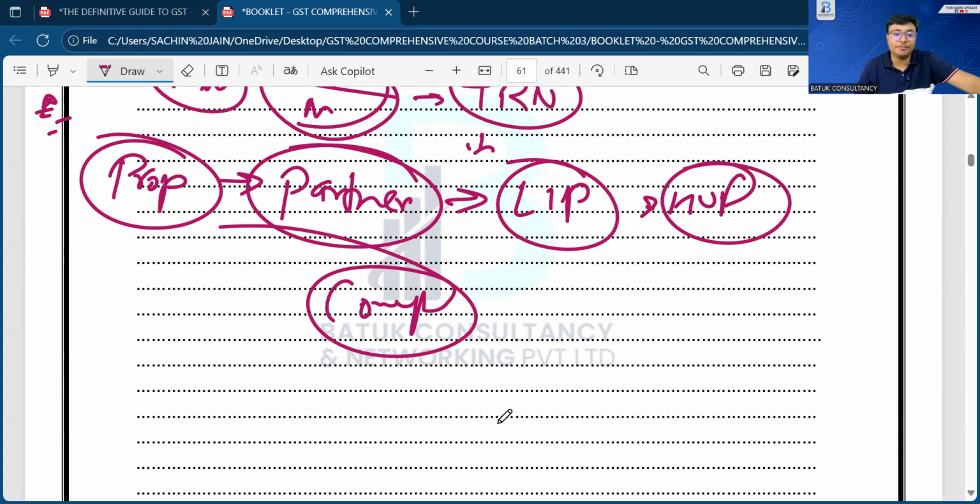Yes, Gurumesh sir, in case of cancellation of registration by the department, till the effective date of that cancellation, your registration will be there. From that date, no registration.